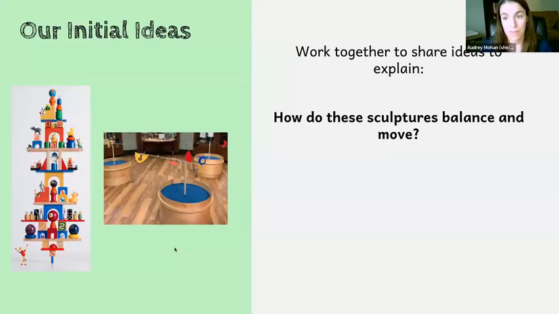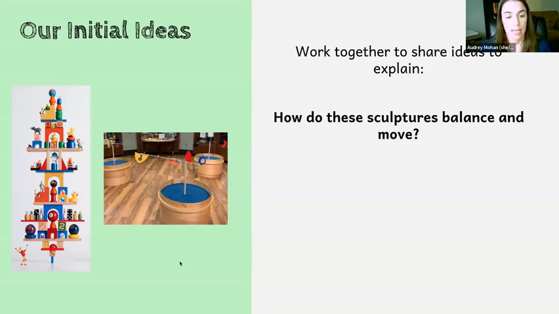Okay, so now we've got lots of different phenomena out there of these sculptures doing interesting things. How do they work? One of the final things they do in lesson 1 is create an initial explanation to answer the question, how do these sculptures balance and move? So we want to generate our initial ideas about how they work.